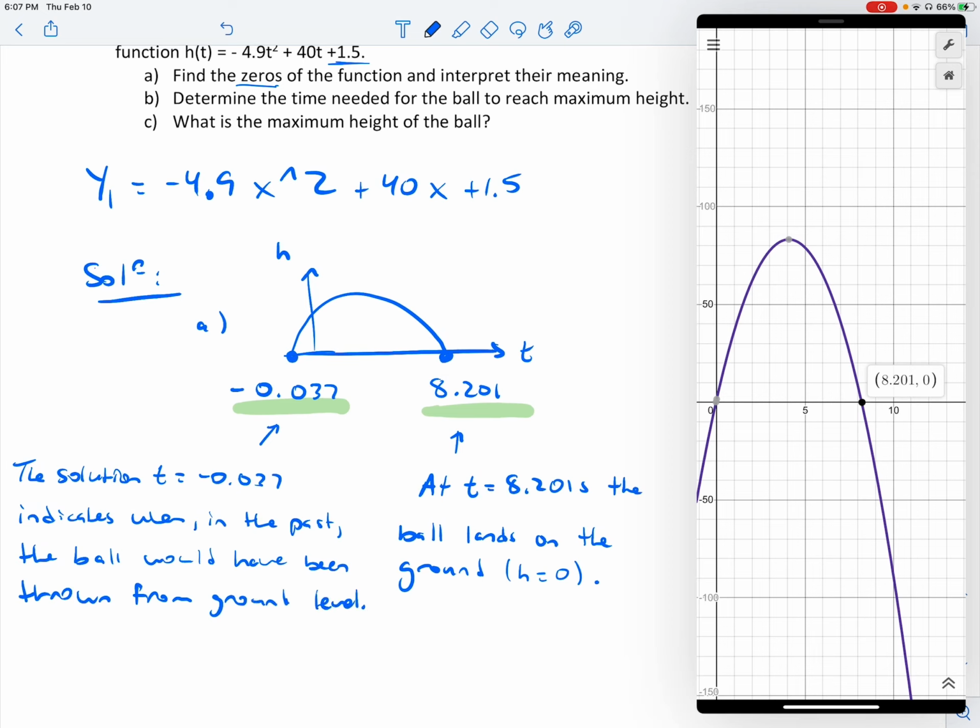If the ball was thrown from ground level, it would have had to go back in time 0.037 seconds. So that's all.